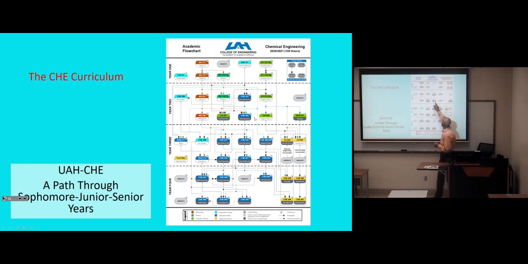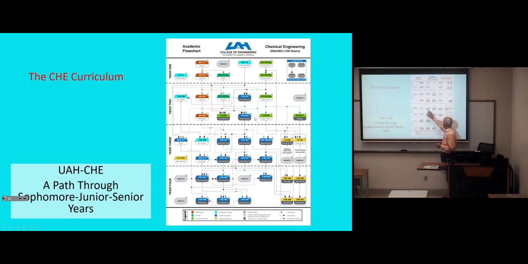And then simultaneously with Chemical Engineering 244, you will be taking your first thermodynamics course. And then when you jump into your junior year, you start to get a very heavy concentration of your engineering courses. Out of the mechanical engineering department, you'll take statics and fluid dynamics.